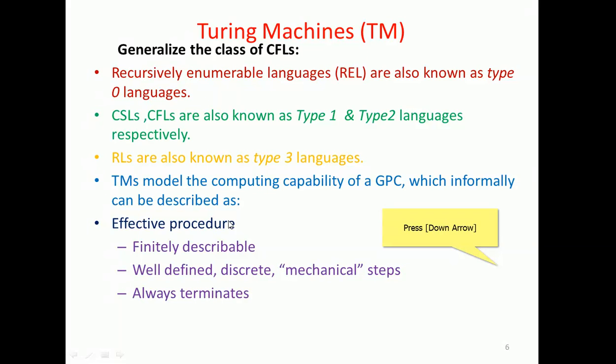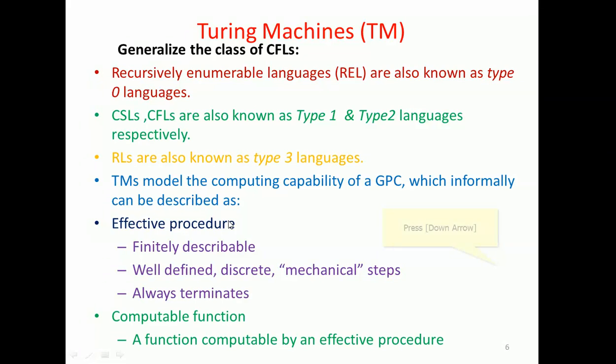It should come out with a solution or no solution. There has to be clarity in finishing whatever job is executed by the particular procedure. That is the effectiveness of the procedure, and it shows its impact on the computation. Following this effective procedure is a quite important aspect.